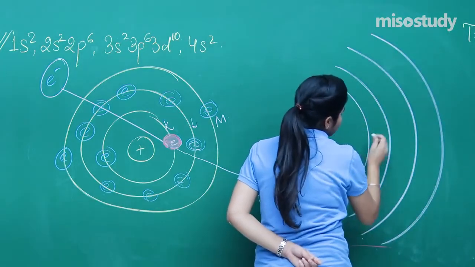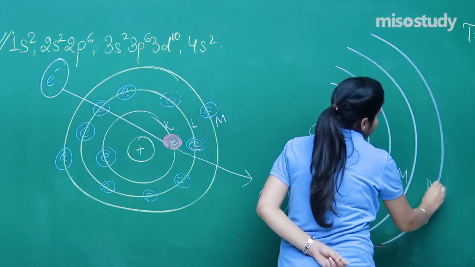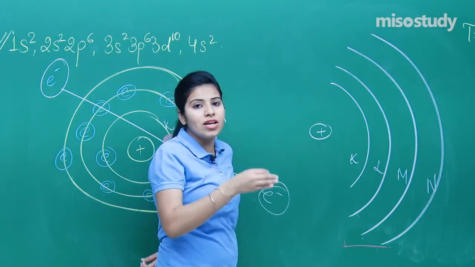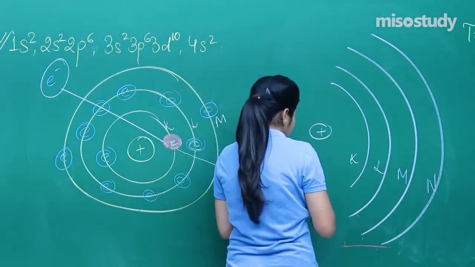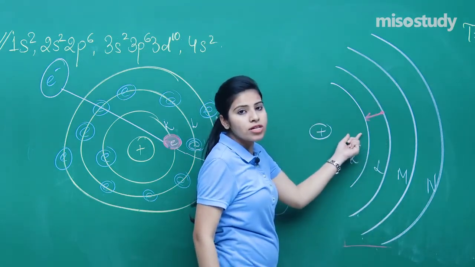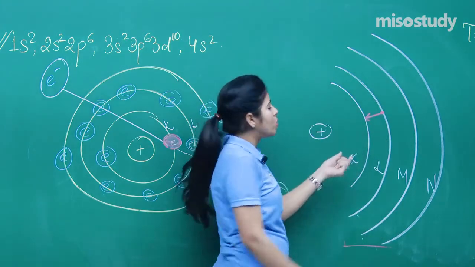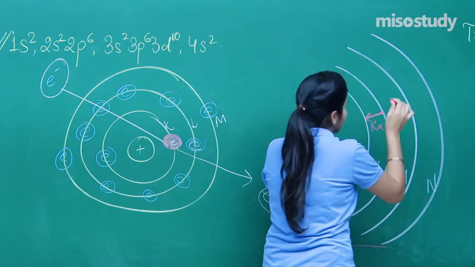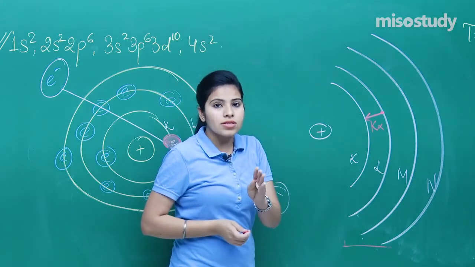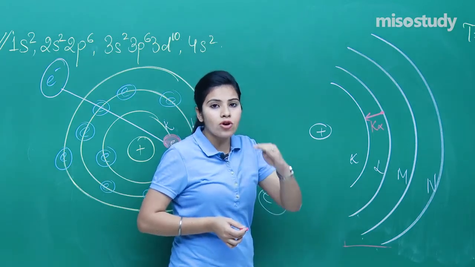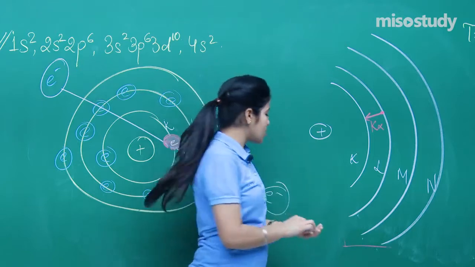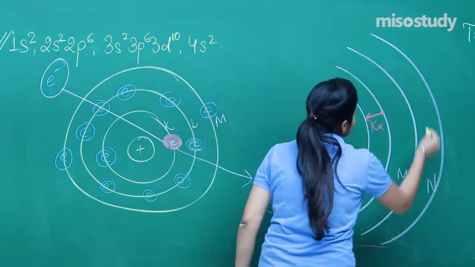Say this is K shell, this is L shell, this is M shell and N shell. Now whenever the electron from the L shell comes to the K shell, falling into the K shell, that will be your K alpha series. Any electron that comes from any higher orbit to the K shell will be making the K series. So let me just make it for you.